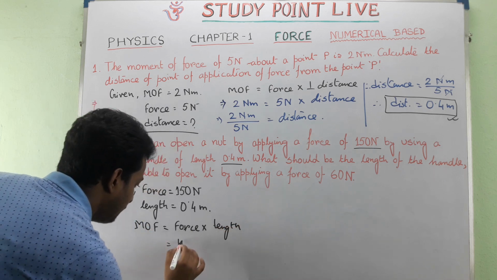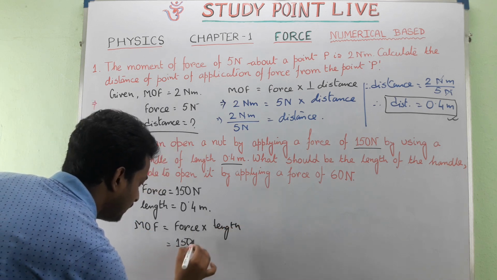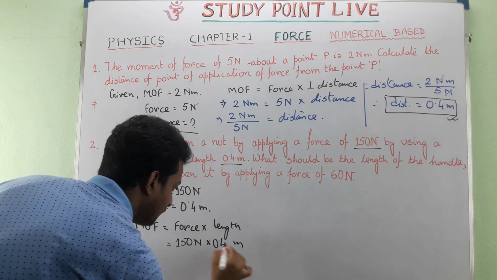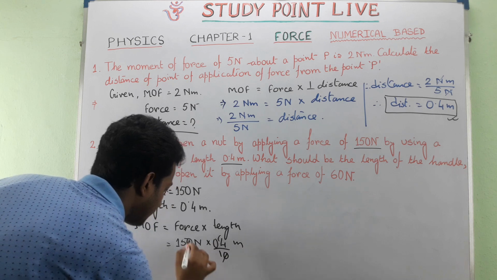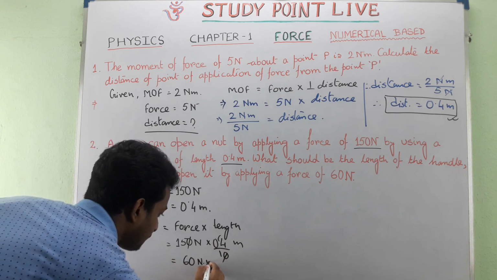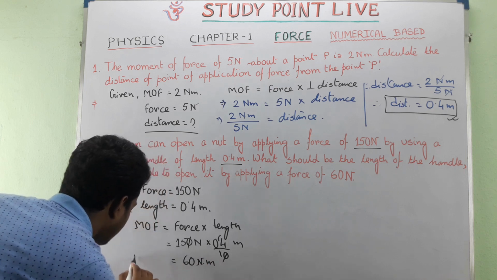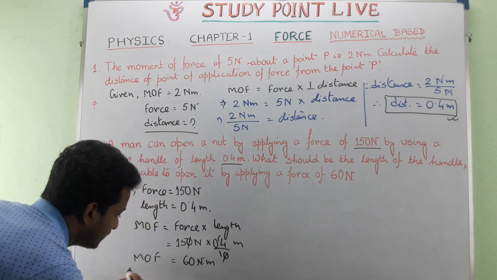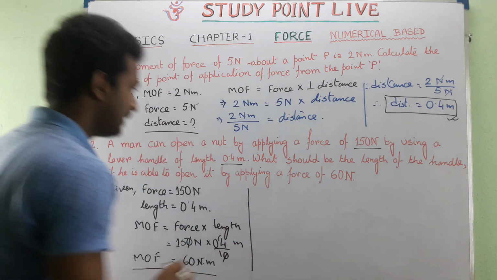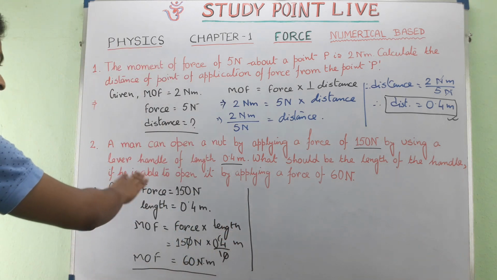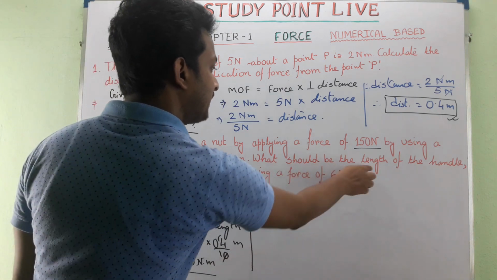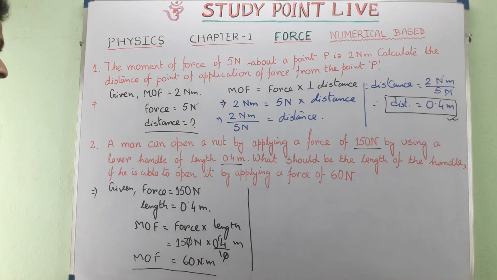So force is 150 Newton into 0.4 meter, so it is 60 Newton meter. So this is the moment of force. Now, because the same lever is used, what should be the length of the handle?